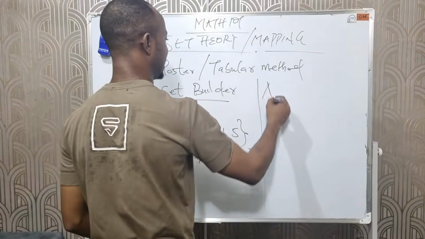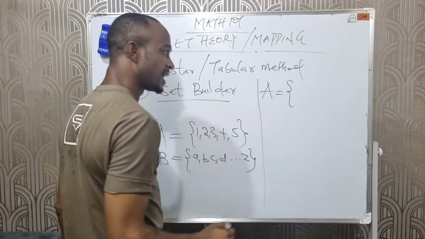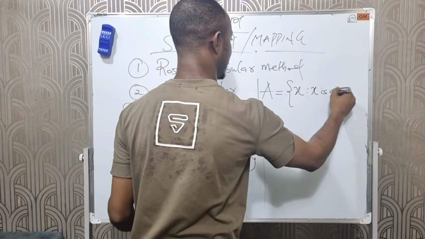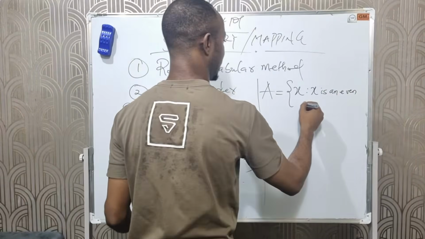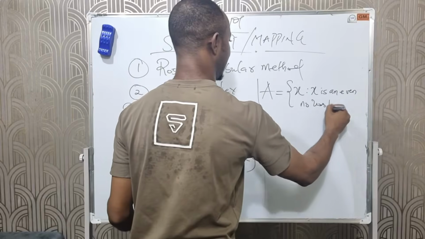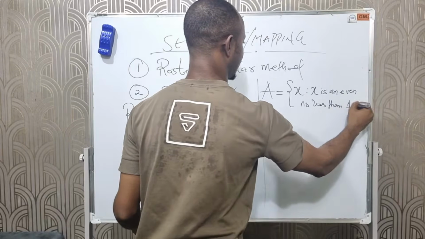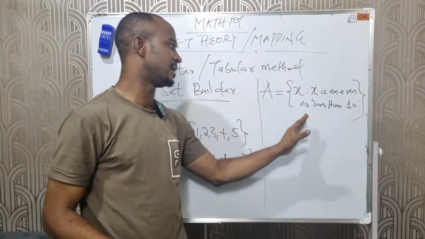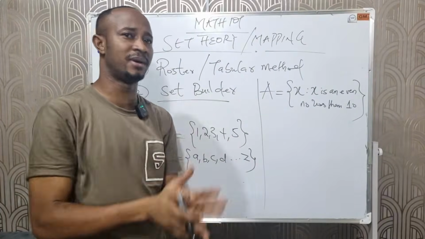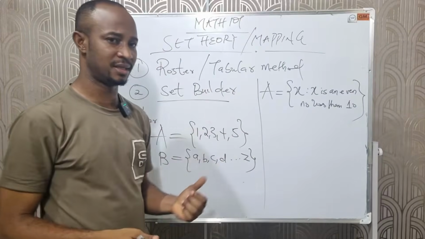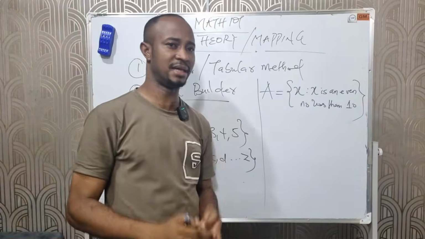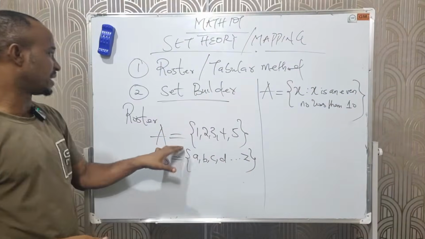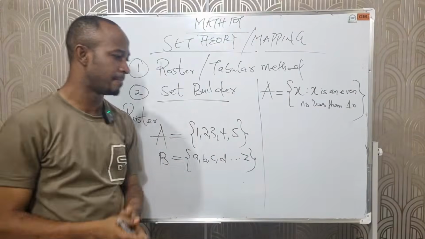For example, let's say set A represents x such that x is an even number less than 10, meaning all the even numbers less than 10, meaning 2, 4, 6, and 8. So we call this set builder notation, while the earlier one we call the roster or tabular method.